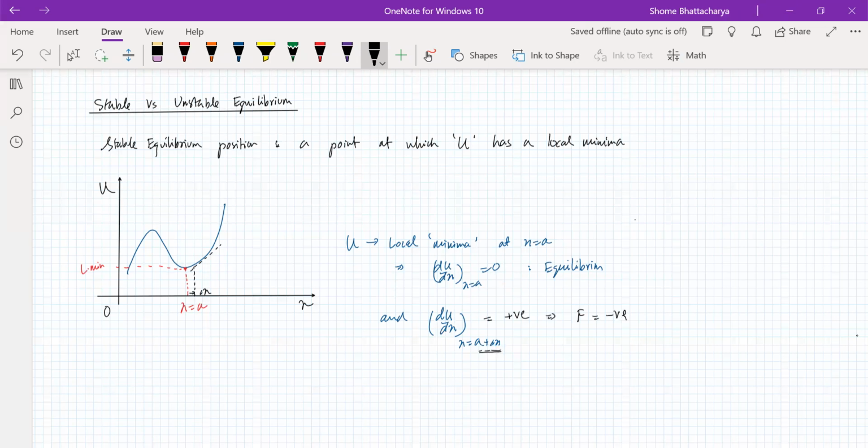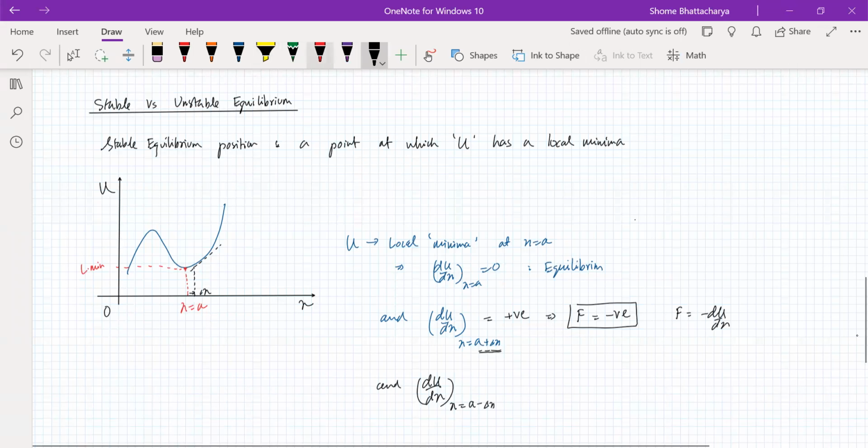The force is negative, because remember force is minus du by dx. Whereas if I look at a point which is slightly before, that is to the left of this point, this point x's value is a minus delta x. What about the slope here? It's negative. Force will be positive. So that means force is positive.